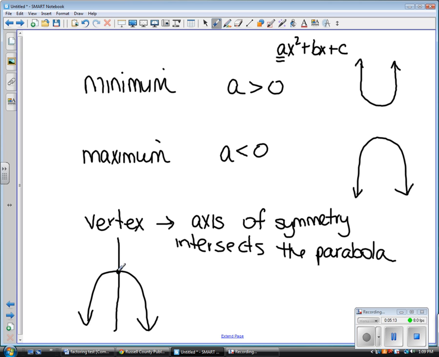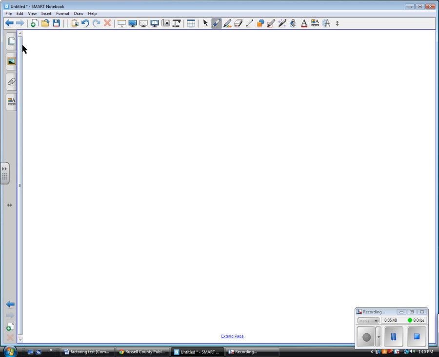This should be my vertex, and it should be a point higher than the others. I know this kind of looks flatter, but this point would be higher than the points beside it. I'm not a very good artist drawing these things. All right, questions yet?